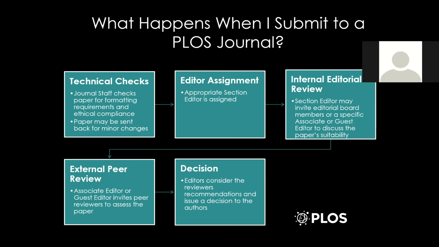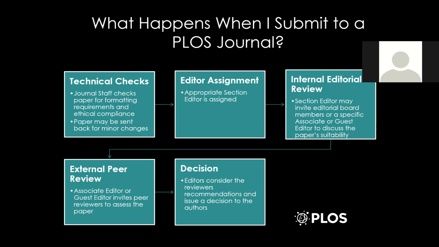And then there's an internal editorial review. The section editor may invite editorial board members or specific other reviewers to discuss the paper's suitability for the journal. They may do this on their own as well. And they will talk about what they look at in a few slides to make that decision.